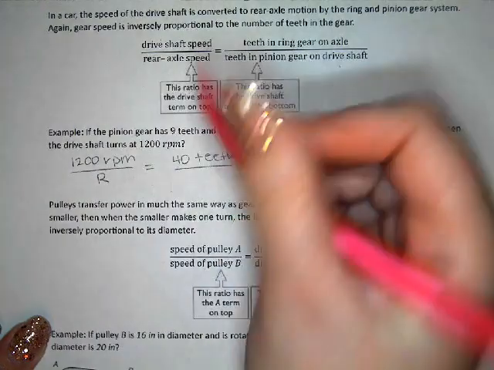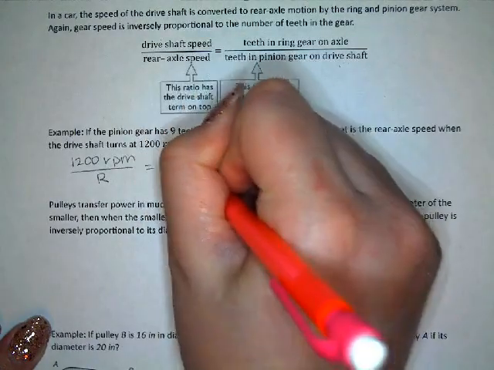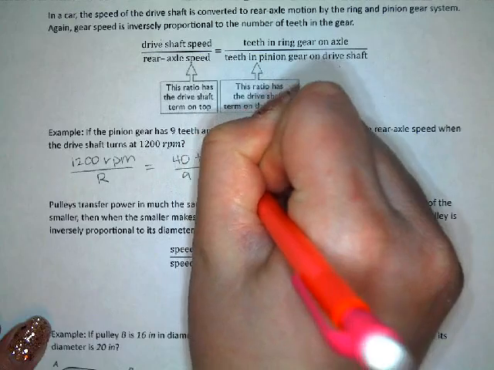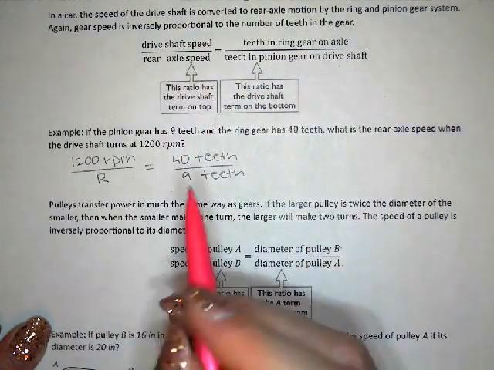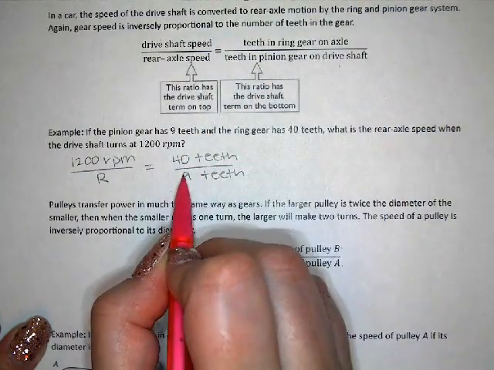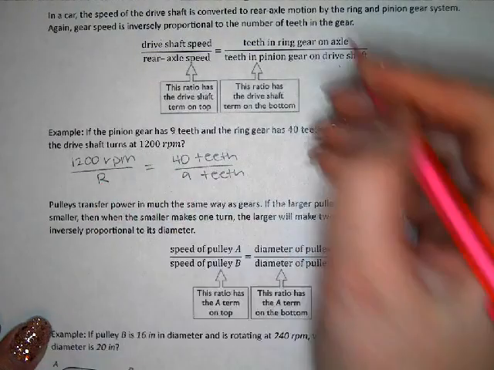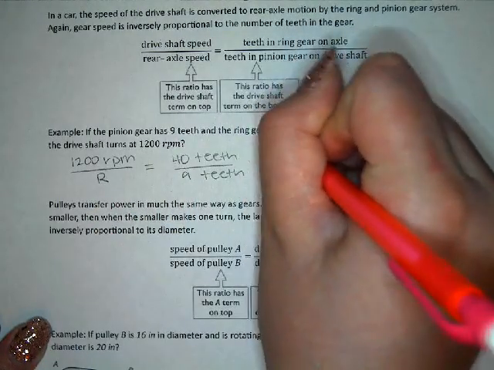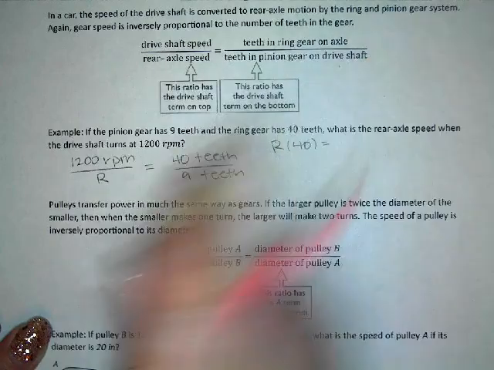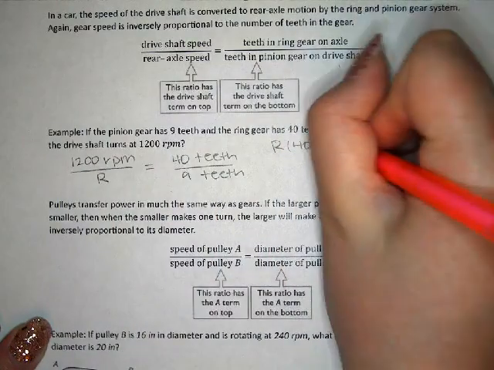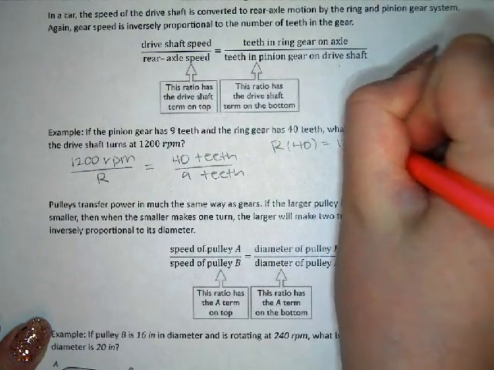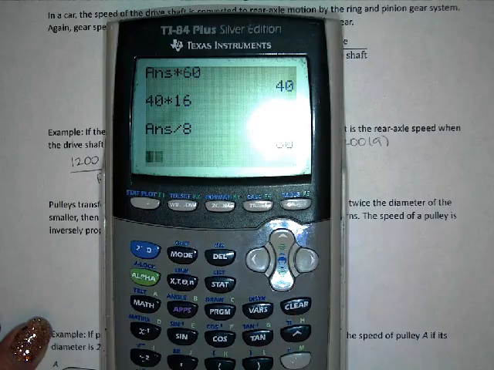And we're going to go ahead and cross multiply. So R times 40 equals 1200 times 9. 10,800.